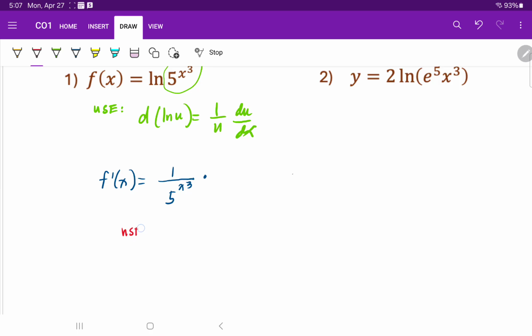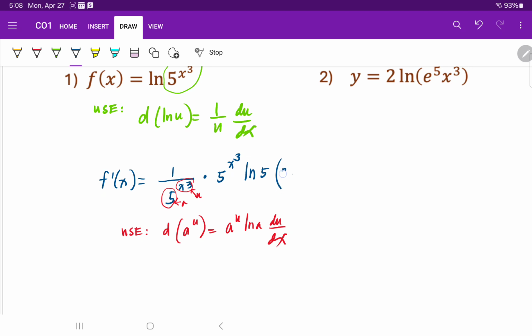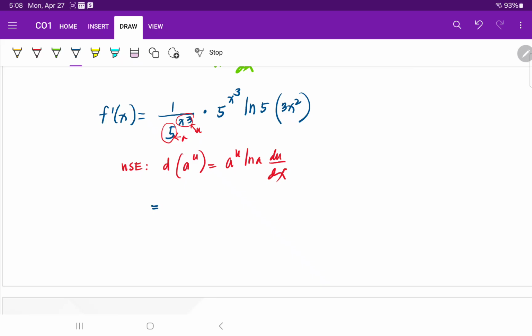Let's use again the derivative of a to the u, which is a to the u ln of a du dx. So, here, this is a, and this is u. Alright, so, what's the derivative therefore? A to the u, so 5 to the x cubed times ln of 5 times the derivative of u, which is 3x squared.